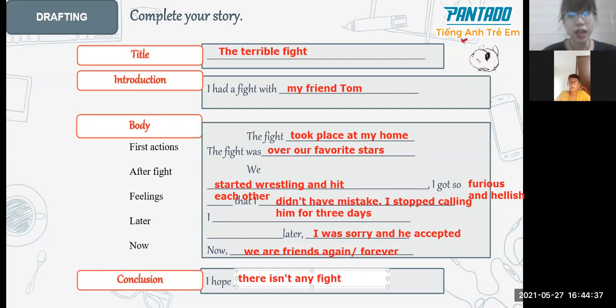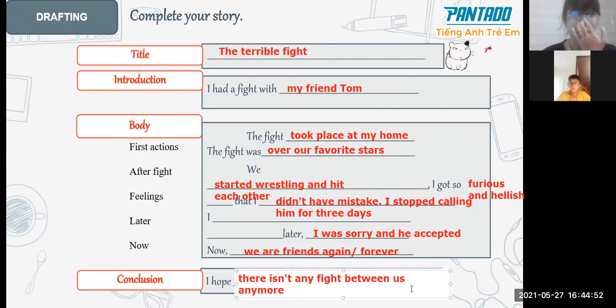Yes, exactly. Remember, you have to use the word between. Okay, that's much better. That is the detailed outline for your writing.